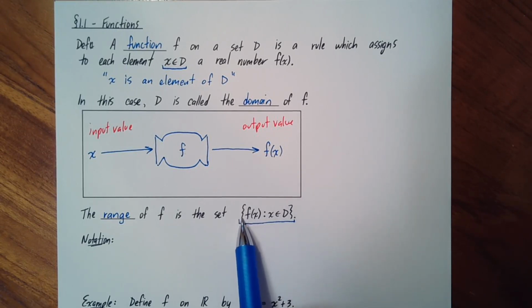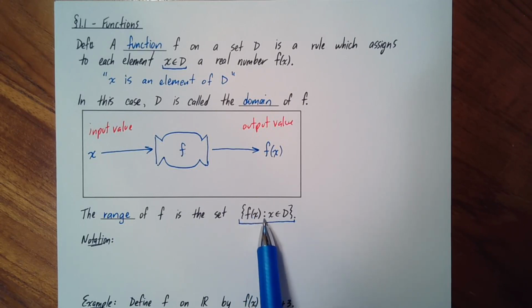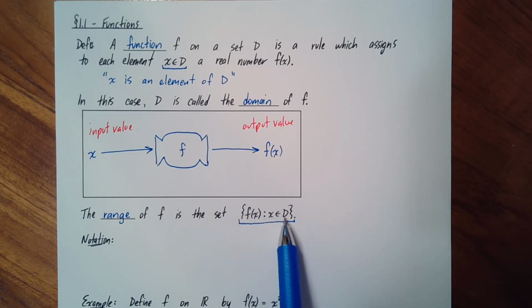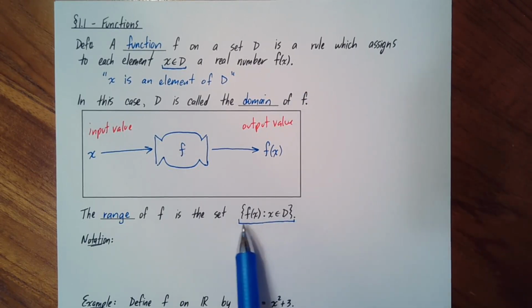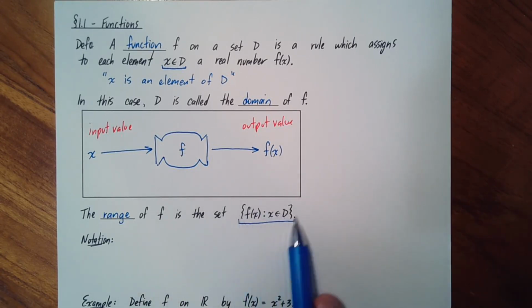This open curly bracket, you would read as the set of all things of this form such that this criterion here is true. So it's the set of all things of the form f of x such that x happens to be in D. Remember, D was the domain of the function f. So really what this is saying is take all the elements of the domain, plug them all into the function f, record all the output values that happen, and put those together in the set.